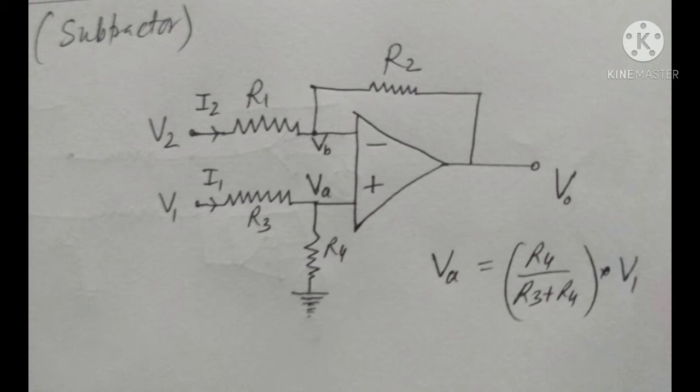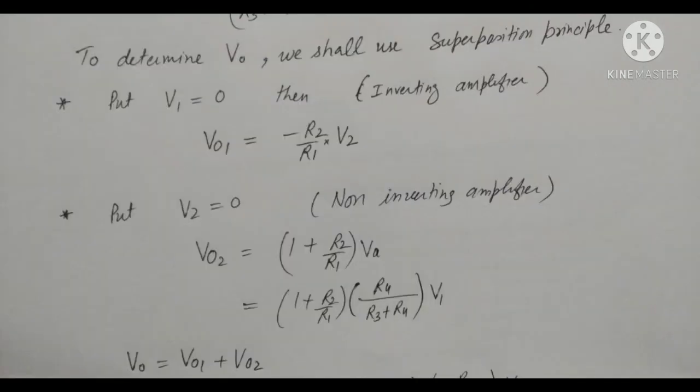VA is equal to R4 divided by R3 plus R4 into V1. So putting this value, we get the value of VO2, and then adding VO1 and VO2, we can get the value of V0, that is, the total output voltage.